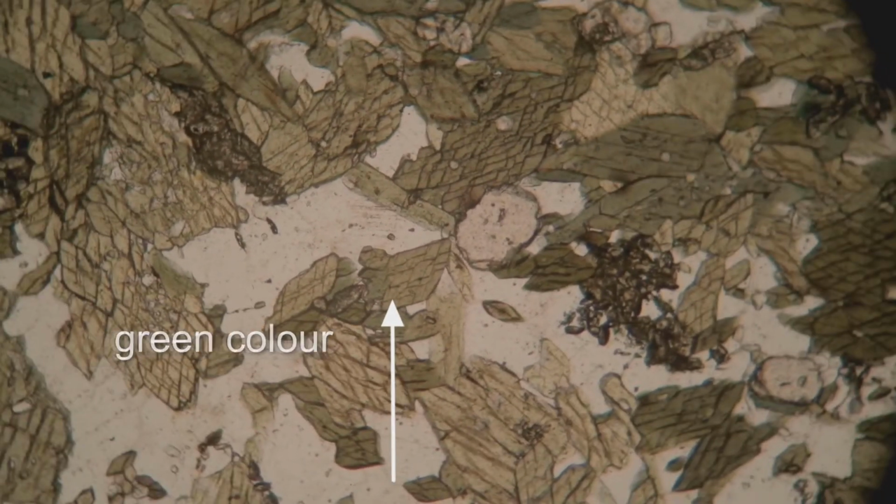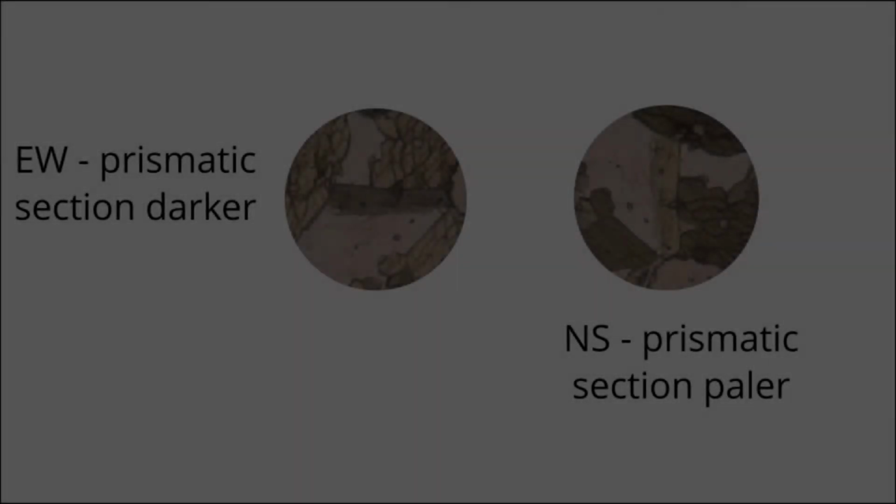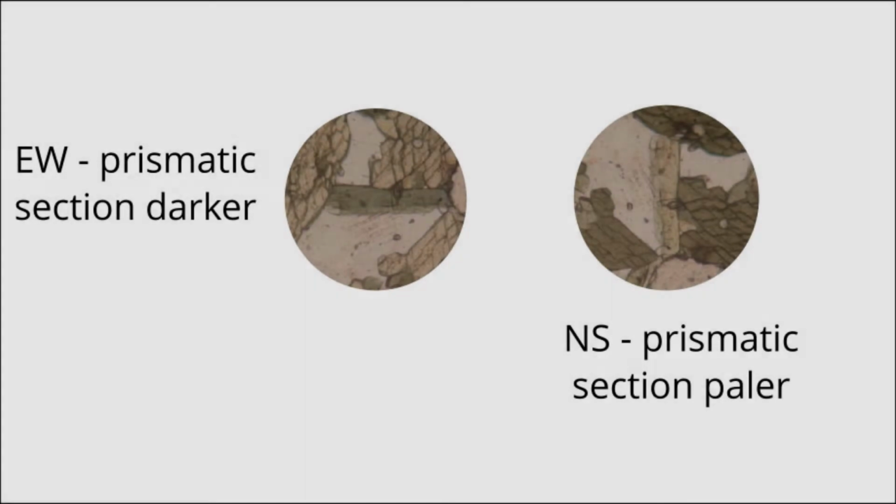And the same section is just a green colour when the crystal is halfway between these 2 positions. You'll notice that for the prismatic sections, it has a darker colour when the section is in an east-west direction, and it has a lighter colour when the crystal is in a north-south orientation.